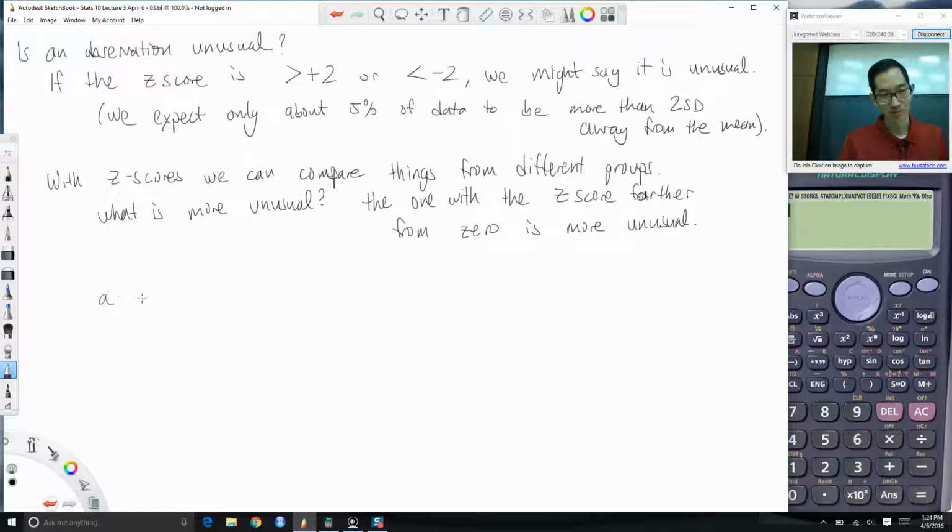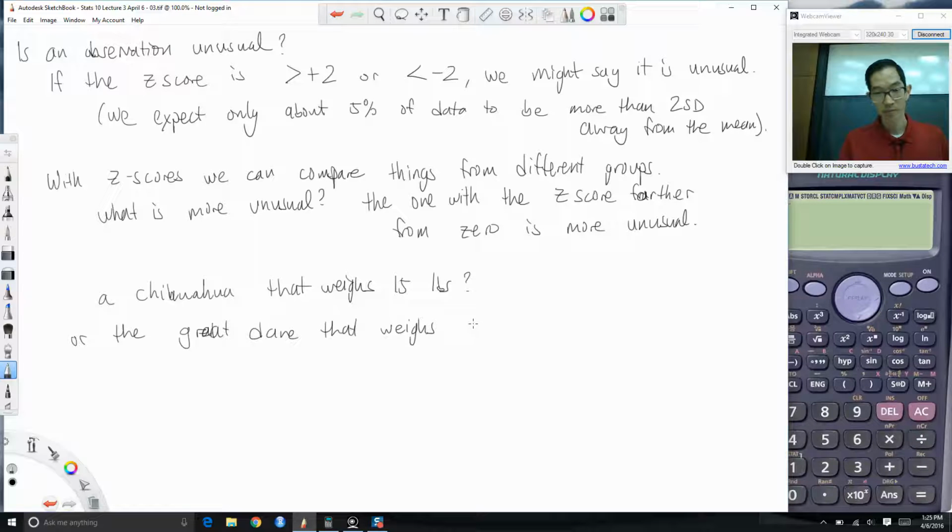A Chihuahua, the little dog that weighs 15 pounds, or a Great Dane that weighs, I don't know, 120 pounds.